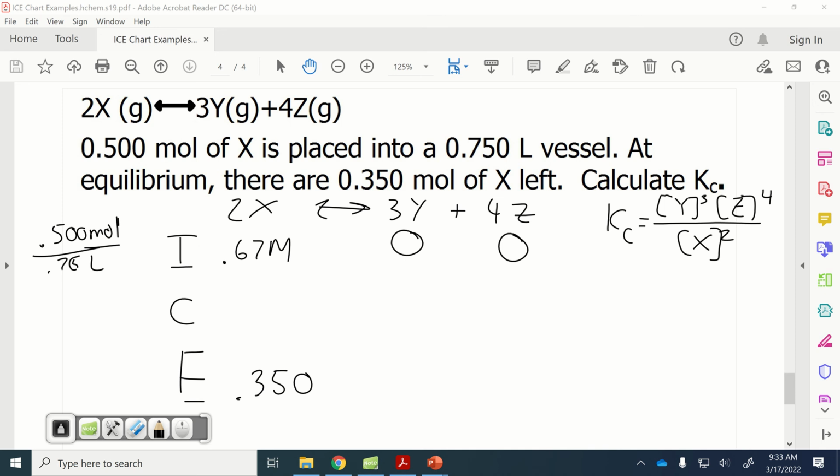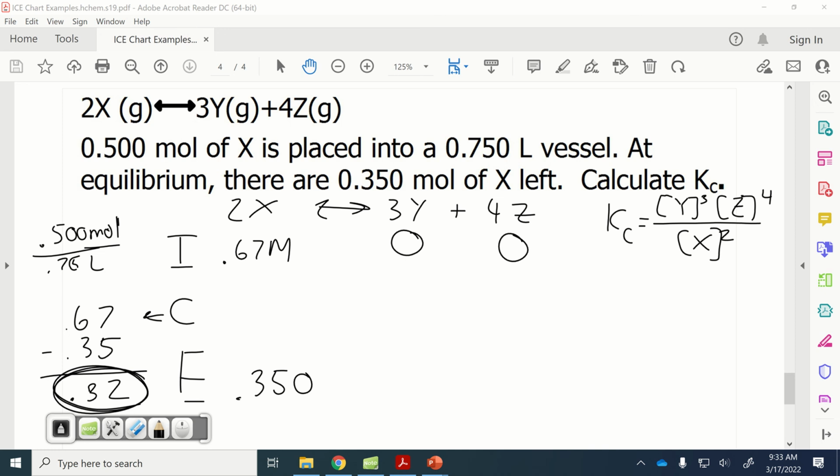All right, so this one's a little bit more difficult. We got to think here, okay? Because we can subtract these two. We can find that the change is 0.67 minus 0.35, which comes out to 0.32. Okay, that's actually not a bad number then. I thought it was going to make it more difficult. It's going to change by 0.32. But the change here is after I multiply the 2 moles of it.